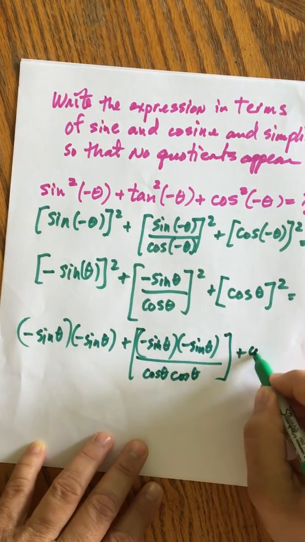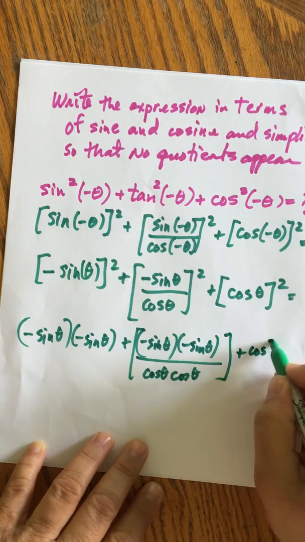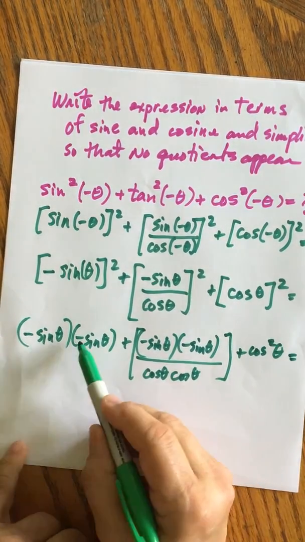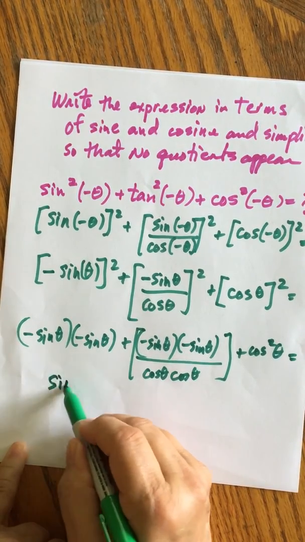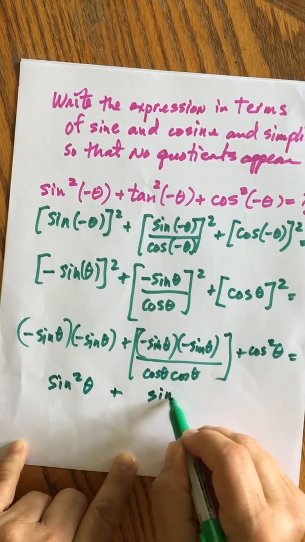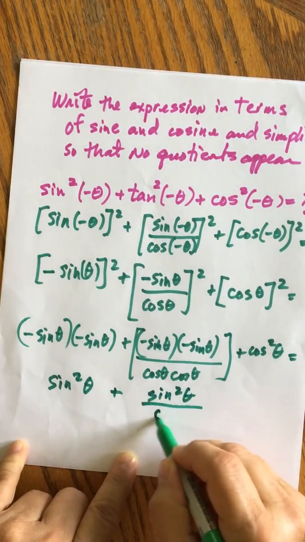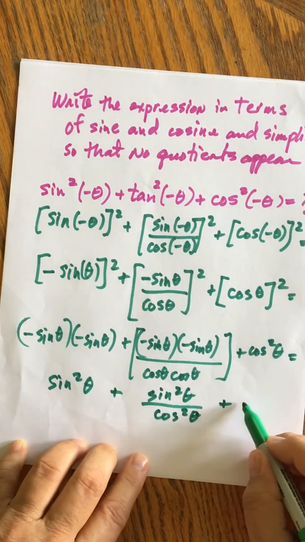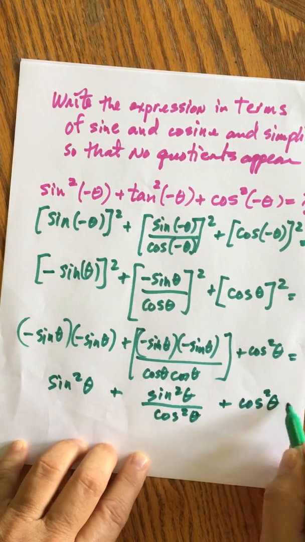And this is cosine squared theta. I can just write that now because that's positive, so you can see that. All right, but a negative times a negative is positive, so you're going to have sine squared theta plus, and here you have sine squared theta over cosine squared theta plus cosine squared theta.